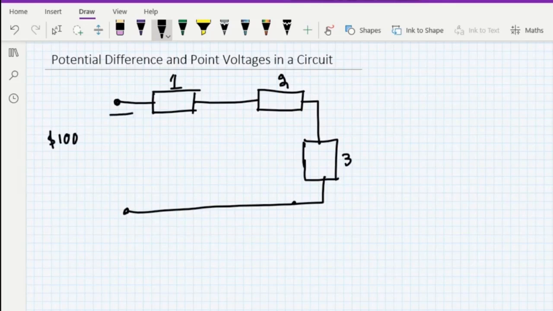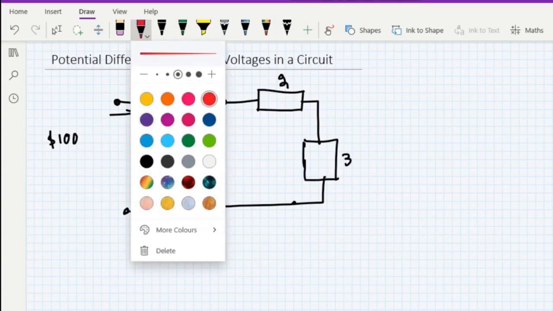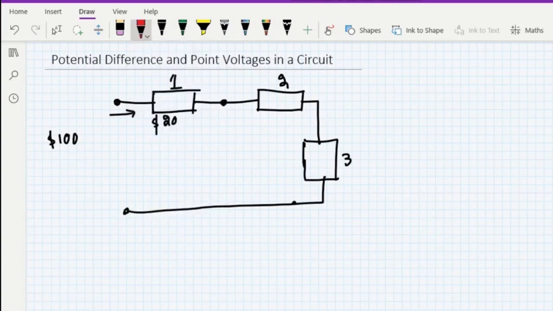You now enter the first shop, and here you consume $20. By leaving the shop, now you have only $80 in your pocket. After it you enter this shop, and here you consume, let's say, $30.